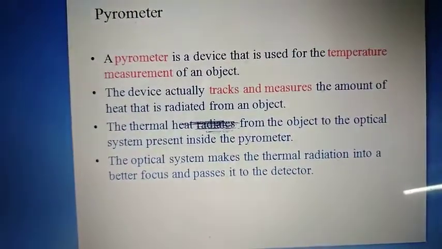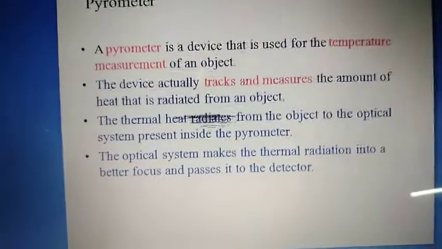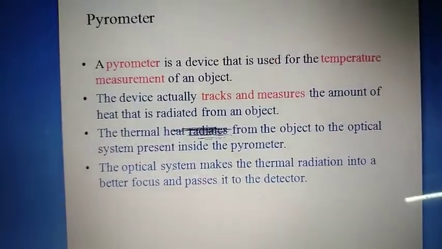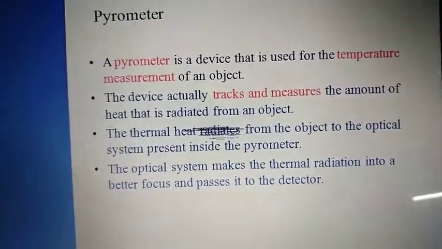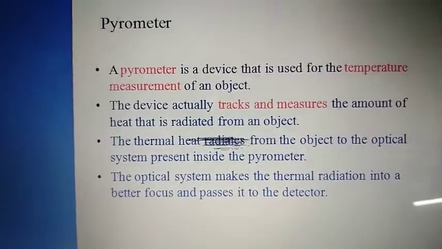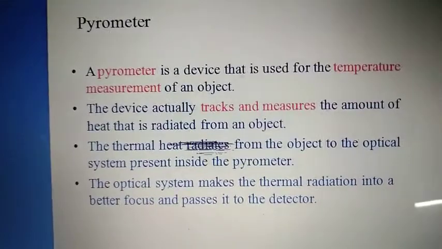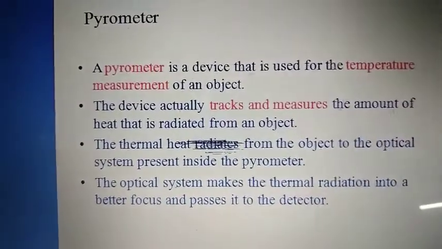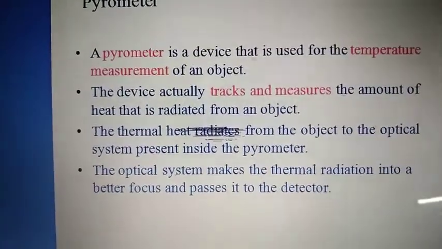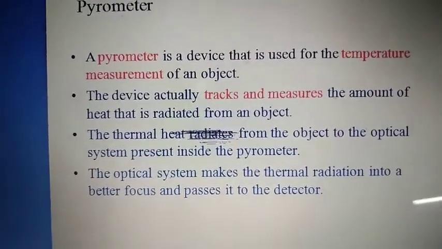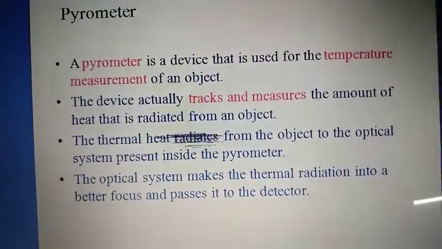So a pyrometer is a device that is used for measurement of temperature of an object. A pyrometer is one of the temperature measurement transducers. It will measure temperatures in the range of 700 degrees to 2500 degrees centigrade.